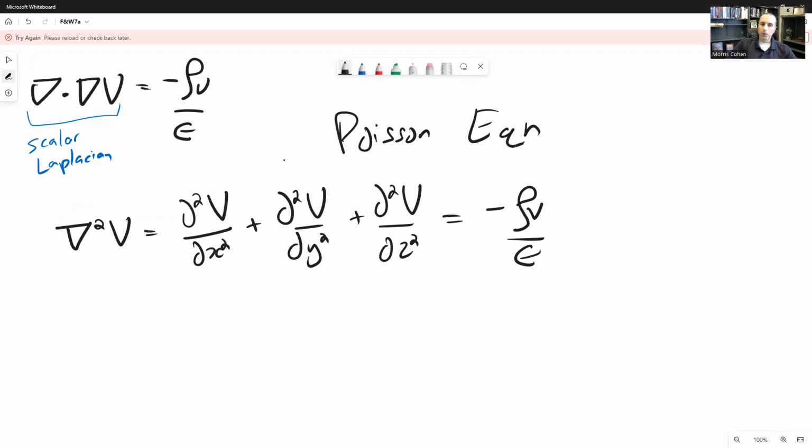Now, what does it mean for us to have a second derivative of the voltage? Right, so think about what the shape of the voltage could be. If the voltage is a straight line, right, a ramp, or a road that's going straight, that would imply that there is no second derivative.